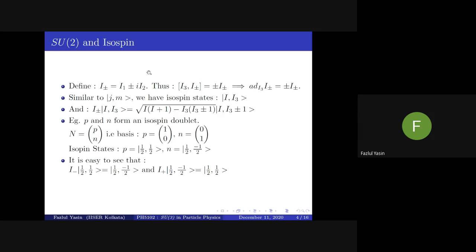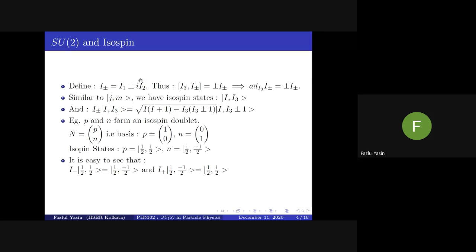Now, similar to what you have done in class for the J case, firstly, we see that none of the I1, I2, I3 commute with each other. So we can generate the Cartan subalgebra similar to how you considered J3. Here we consider I3, which becomes our generator for the Cartan subalgebra.